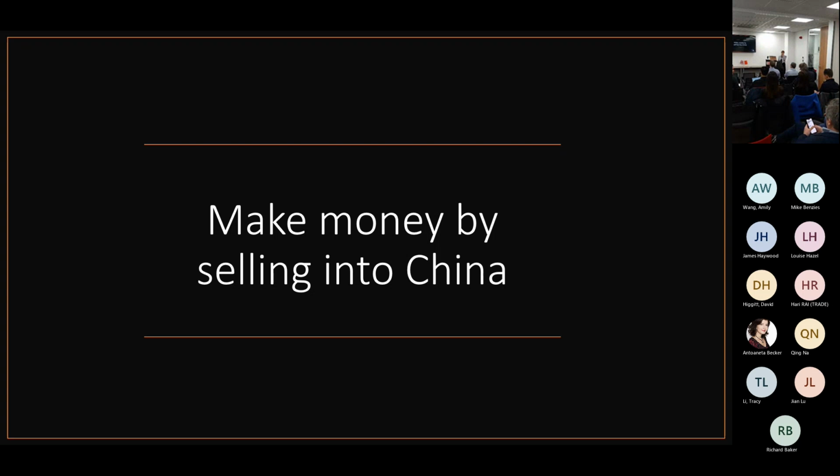Now, having said that, there may be some of you on here today who are not planning on selling into China, but are actually looking to manufacture in China, or are looking to strengthen the third-party logistics providers, manufacturers, suppliers, etc. And selling could be a long-term vision for you, okay? But at the end of the day, you're doing all of that either to save cost, right? And ultimately make more money.